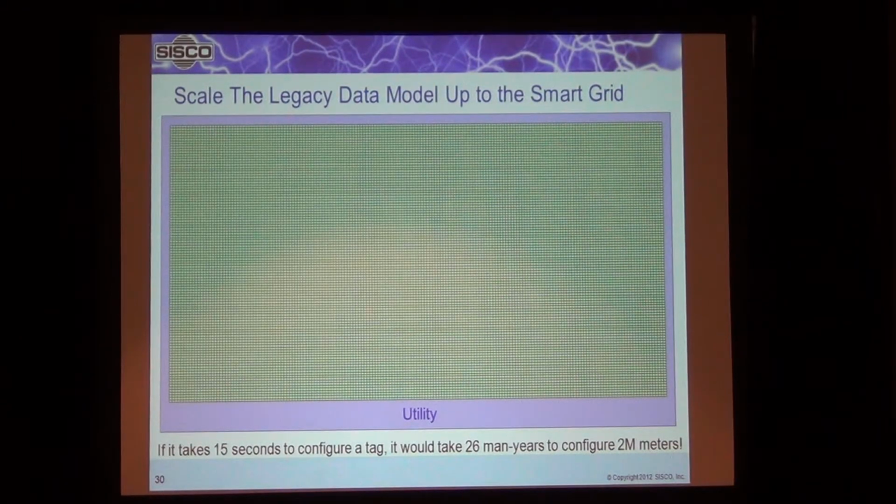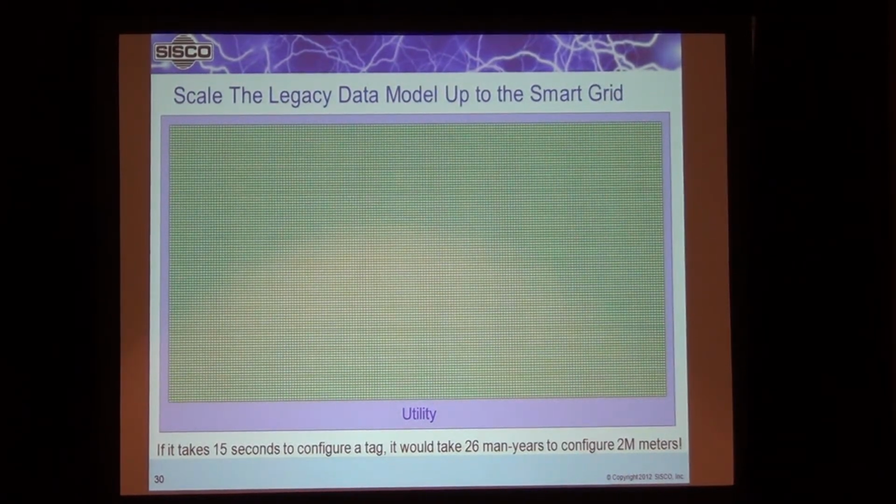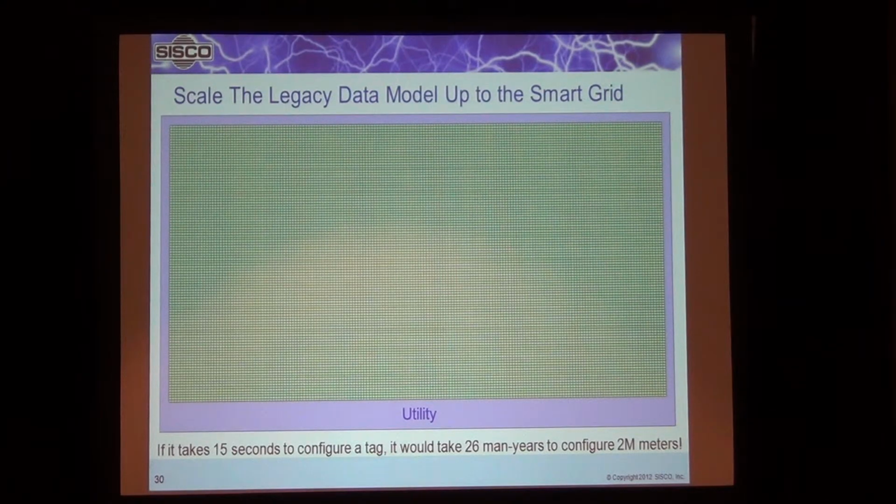I doubt anybody can manually configure a tag in 15 seconds anyways. And if you look at scalability, just consider that this drawing right here, if I drew this as little boxes in PowerPoint, it would take 5 or 6 seconds just to draw that on this screen. And this is just a drawing in a PowerPoint slide. Try to imagine trying to scale our systems up to the point where we're dealing with 2 million different tag names. It becomes a big problem.